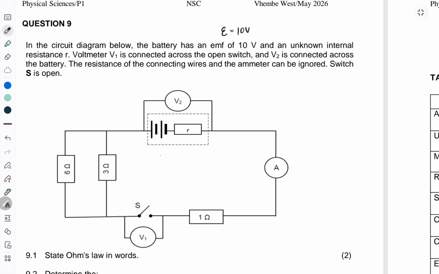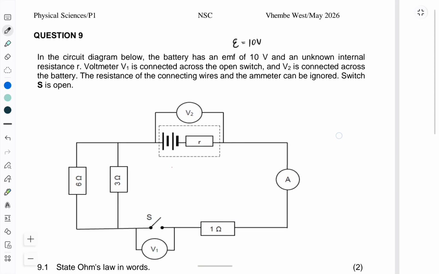And an unknown internal resistance r. Voltmeter V1 is connected across an open switch, and V2 is connected across the battery. The resistance of the connecting wires and the ammeter can be ignored. That's fine. Switch S is open.